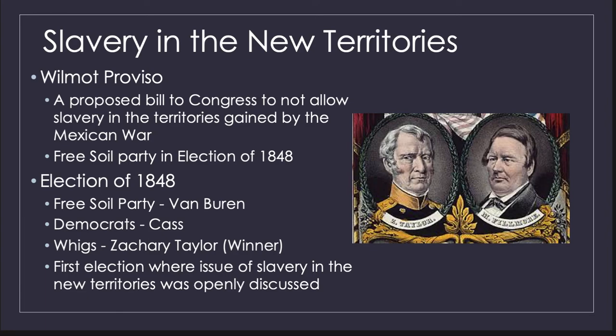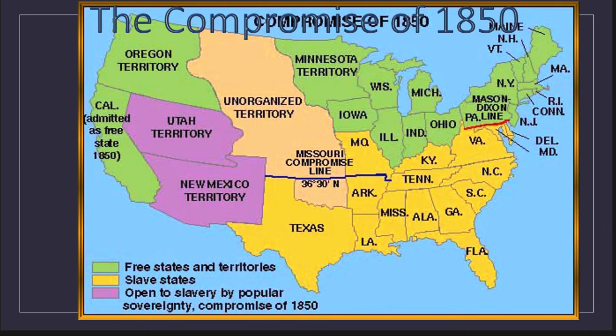Now, I want to cover one more major idea before I let you guys go for today, the Compromise of 1850. So we saw the Compromise of 1820, the Missouri Compromise. As I mentioned, the 36°30' line is not going to be sustainable.